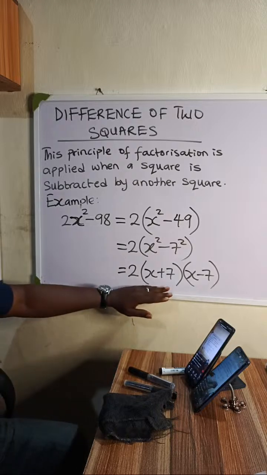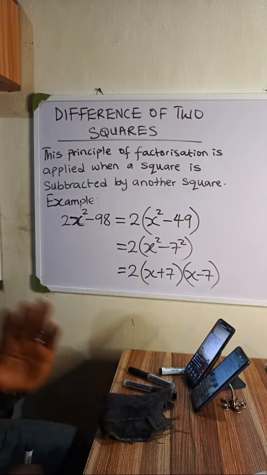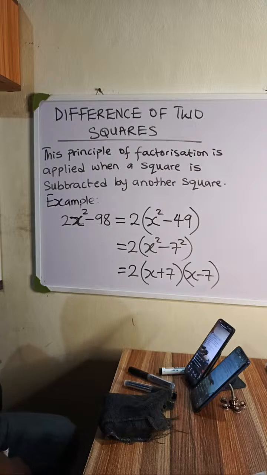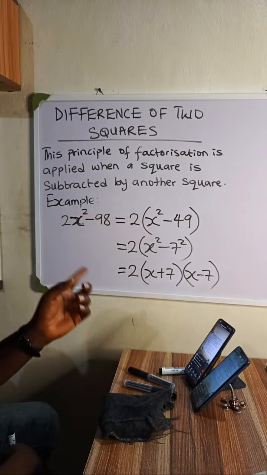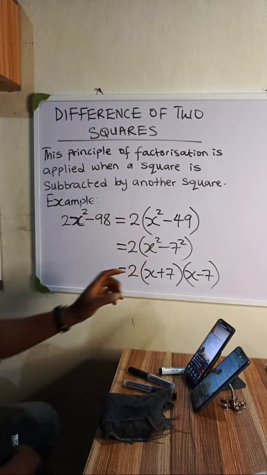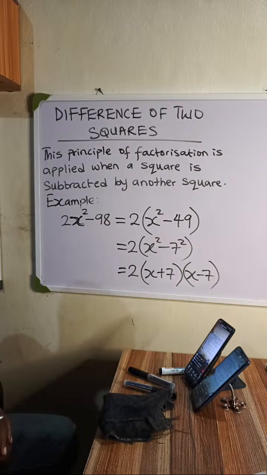At this point, we have factorized completely. Over here, we are factorized, but not completely. Here, we are factorized completely.